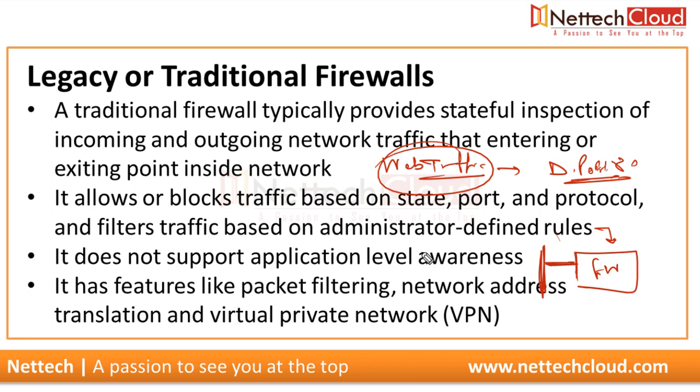So very easily traditional or legacy firewalls can be bypassed, because if the firewall is not going to perform deep inspection inside the application data, I mean if only the TCP or layer 4 header is checked to identify the application, then definitely evasive tactics like port hopping, protocol hopping, or tunneling inside another protocol can be used to bypass the firewall, because there are different ways to bypass it. So it's very easy to bypass the firewall.